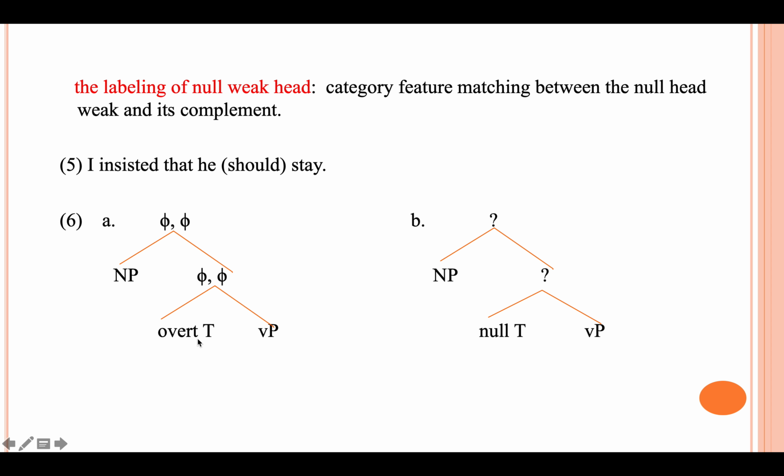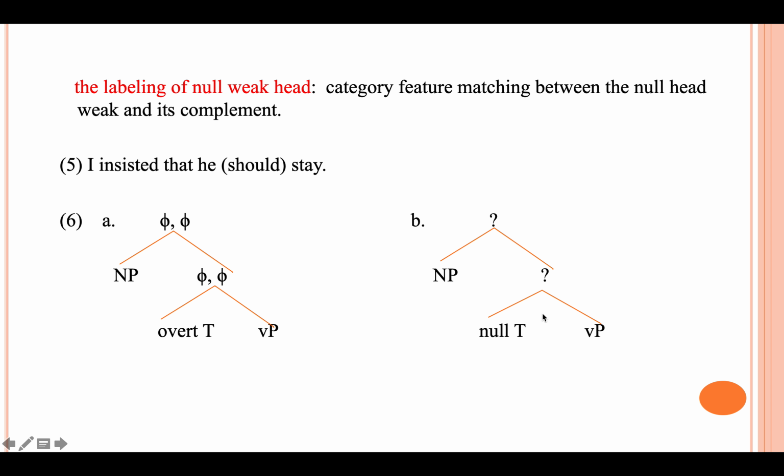Overt T can have feature matching with the phrase in the spec position, but null T cannot do it in the same way because they are different in their phonological features, and phonological features play an important role in the labeling. Then, if the phrase in its spec position is not available, how can the null head have its mother node labeled?